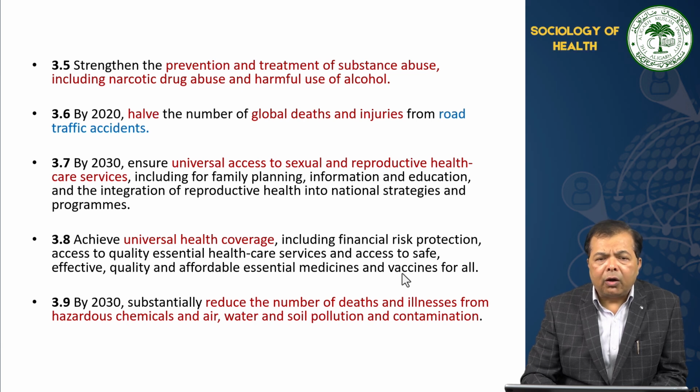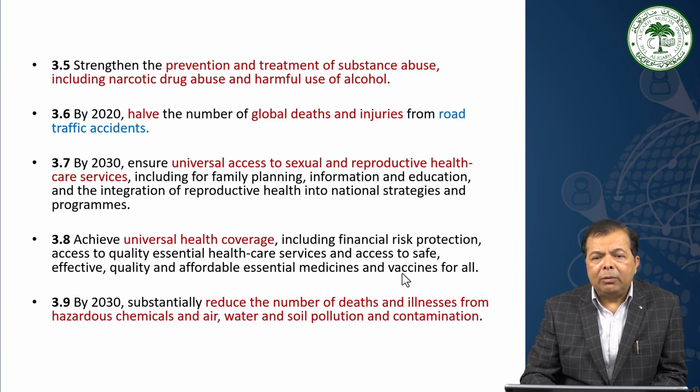Then the next goal is talking about by 2020 halve the number of global death and injuries from road traffic accidents. So road traffic accidents are creating huge mortalities. We talked about this particular topic when we were discussing public health, and so we can see that these are basically part of the sustainable development goals.